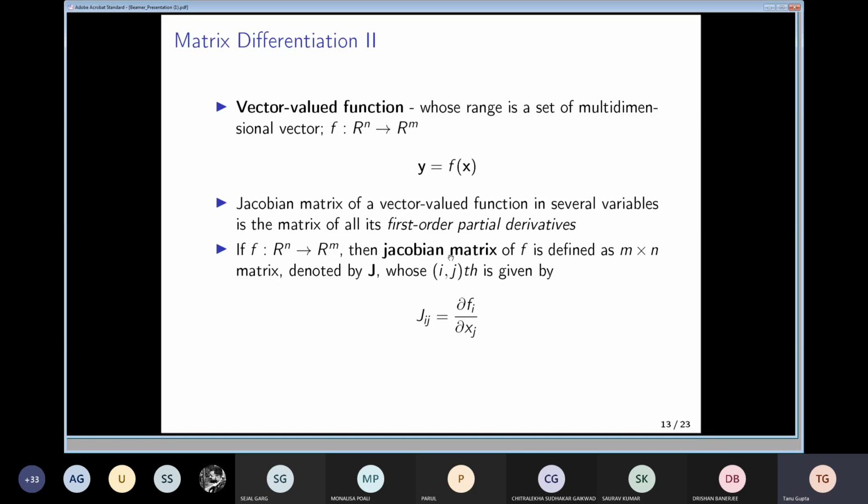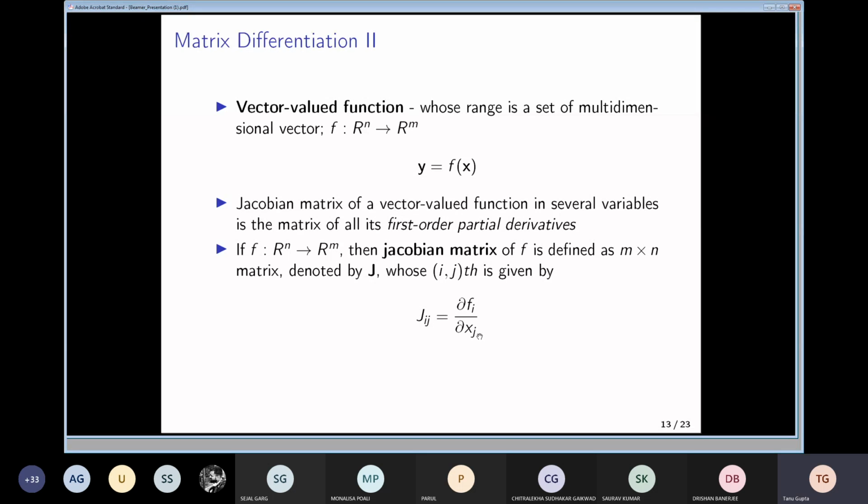So the Jacobian matrix will be defined as an m cross n matrix, denoted by J, whose ijth element is given by del fi by del xj.